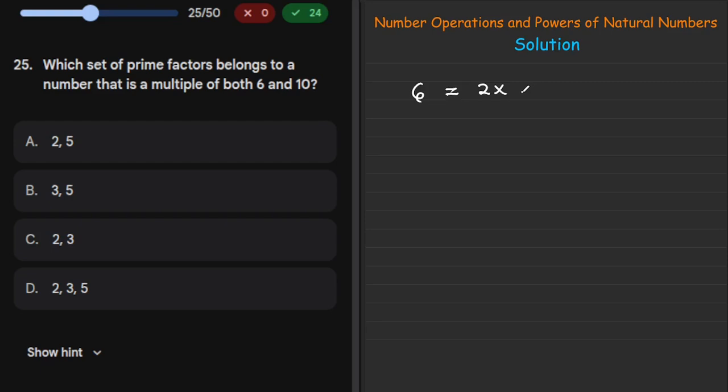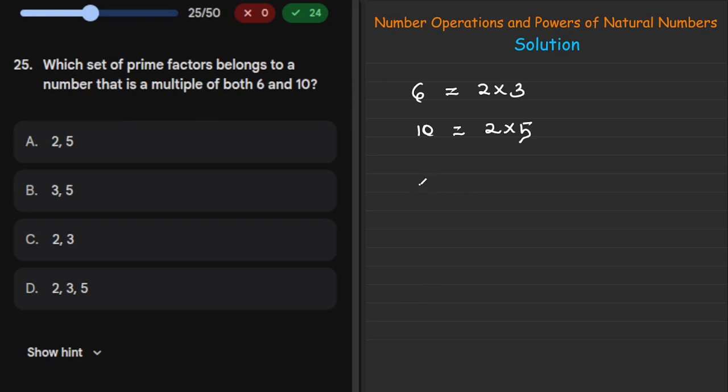Or you can say 6 is simply 2 times your 3. Then we come to 10. 10 is also a 2 times what? 5. They said, which set of prime factors belongs to the number that is a multiple of both 6 and then 10?